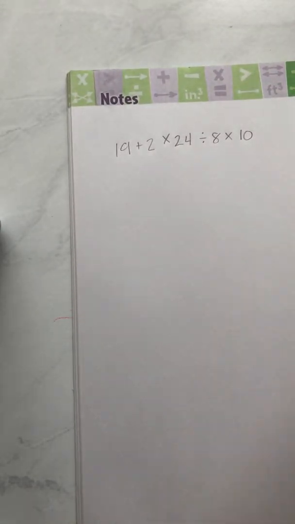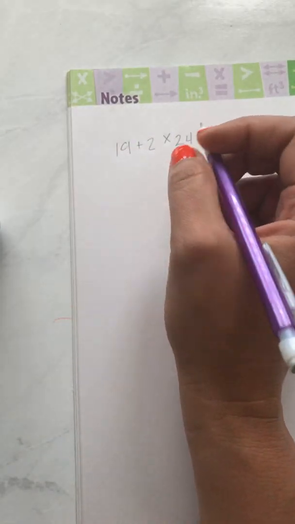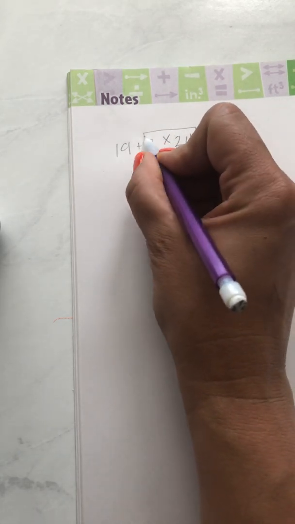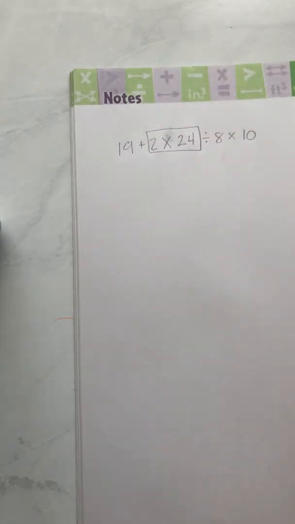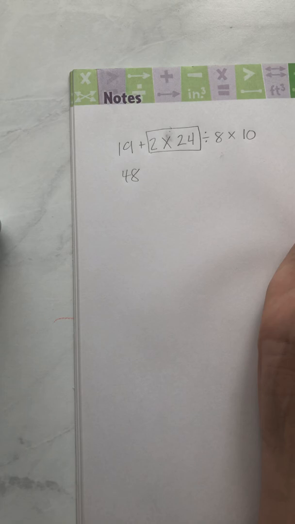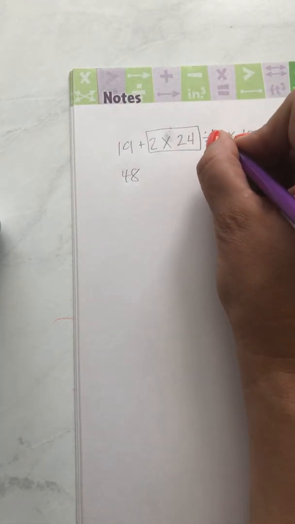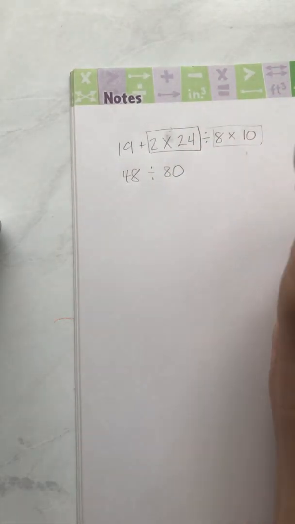And remember, you're going to want to bring down anything you're not solving for. So a lot of times, the mistakes kids will make is they'll find what to solve for. So this is what I need to solve for first. This is a multiplication sign. Okay, and what they'll do is, 2 times 24 is 48. And then they'll find what else they need to solve for. Well, now I need to solve for this, which is 80.